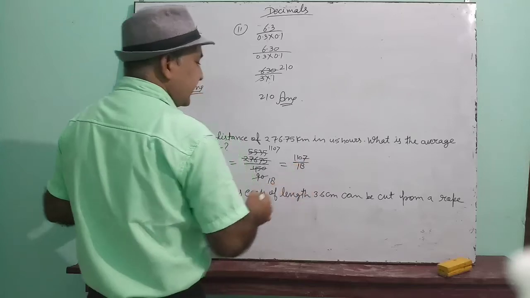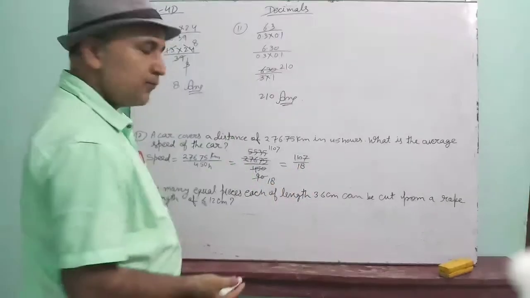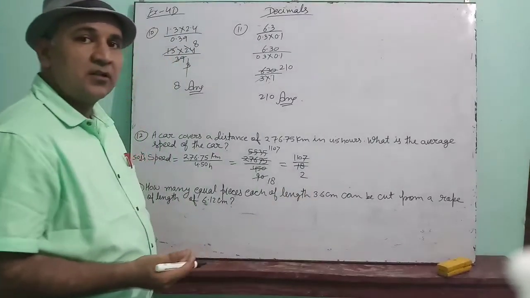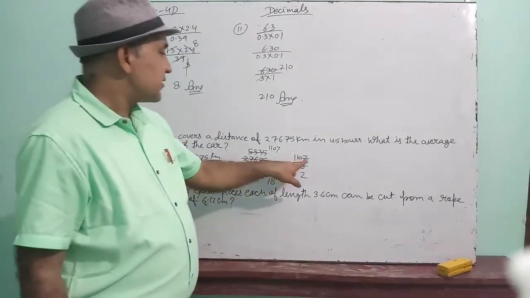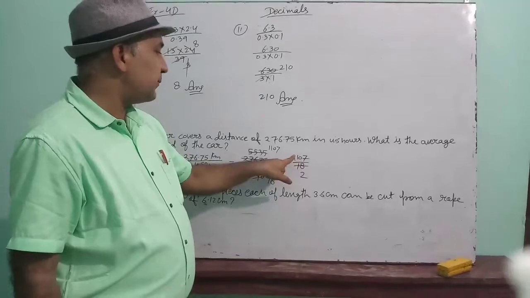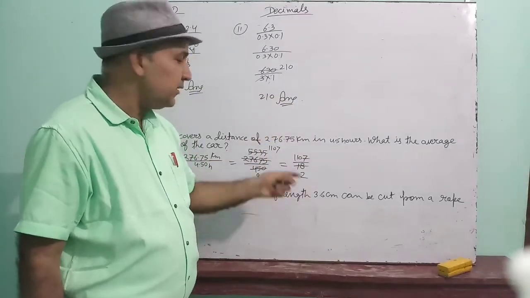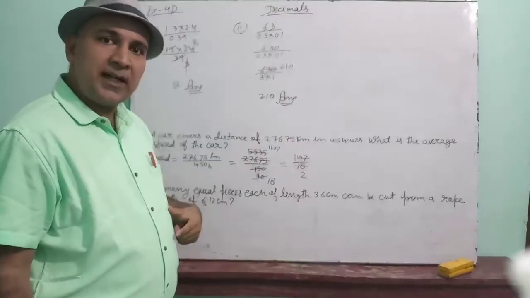1107 upon 18. Okay. Now both the numbers are divisible by 9. How could I know? 7 plus 0, 7 plus 1, 8 plus 1, 9. The sum of the digits is divisible by 9. Then the whole number is divisible by 9.